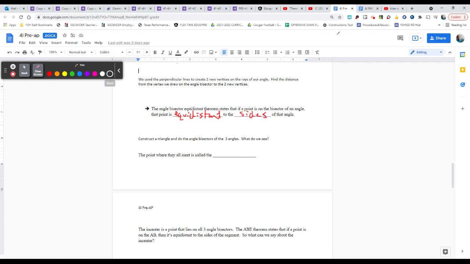So I have an angle here, and I bisect the angle, cutting it in half. If I put a point randomly here, and I measure the distance from there to there and from there to there, that distance is going to be the same, wherever I have a point on the angle bisector. And the point where they meet is called the incenter.